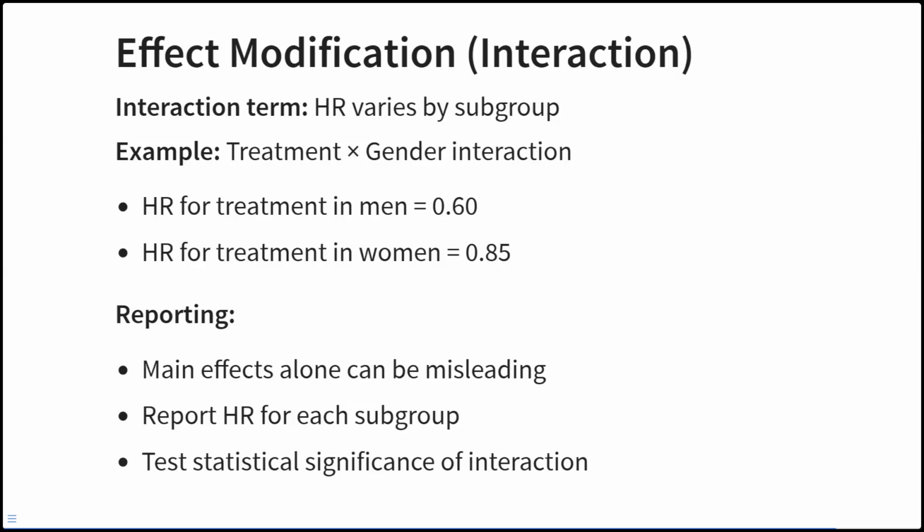Gender will let you know that even though the hazard ratio of this treatment is higher, the hazard ratio for each treatment within a particular gender is higher compared to that of the other gender. So for treatment in men, it can be lower compared to that of women. If you do not consider interaction, you might not be able to see that particular effect modification. So this is more or less like subgrouping the patients inside the data that you have.